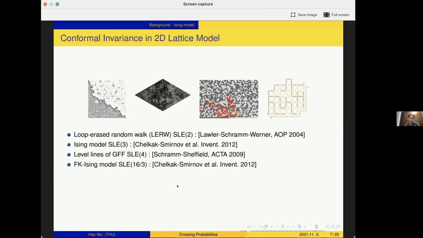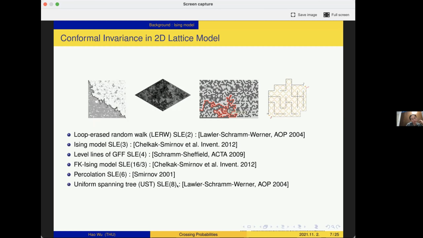The next one is called the FK-Ising model. So in fact, this is a dual model to the Ising one. The next one is the Bernoulli percolation. It was proved by Smirnov that if we consider Bernoulli site percolation on the triangular lattice, the interface will converge to SLE6.